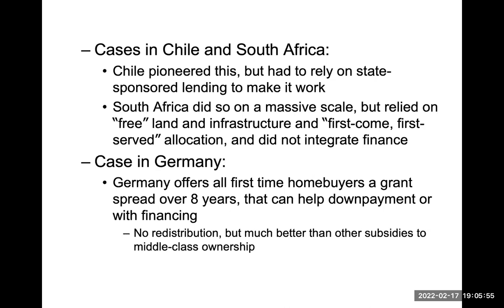And there are a lot more cases, but here is one in Germany. Germany offers all first-time home buyers a grant, which is spread over 8 years and could help the down payment with financing. So we can see there's no redistribution, but it could become much better than the other subsidies to middle class ownership. So these are two cases.